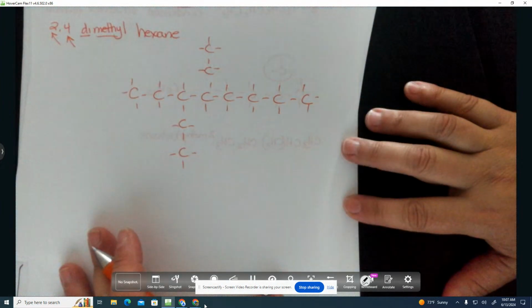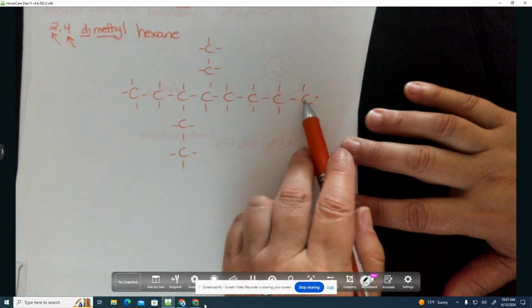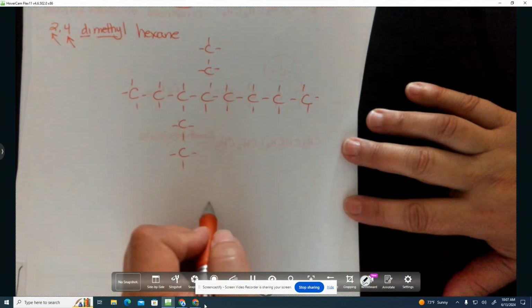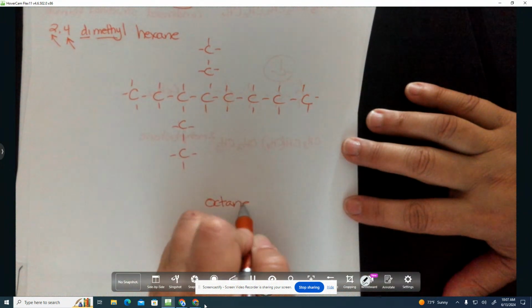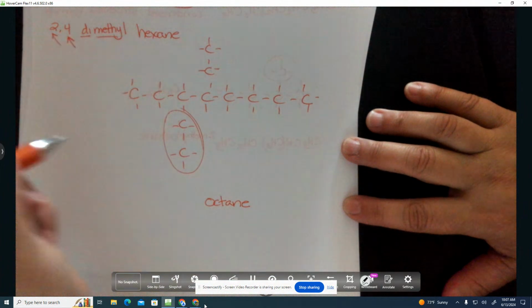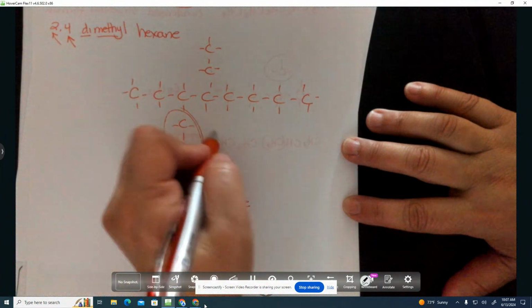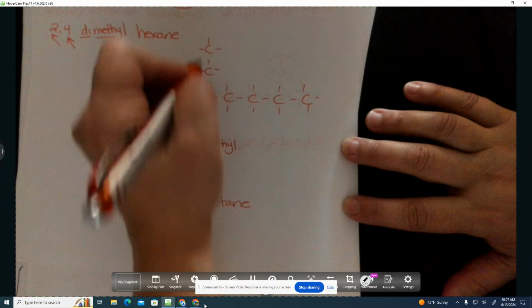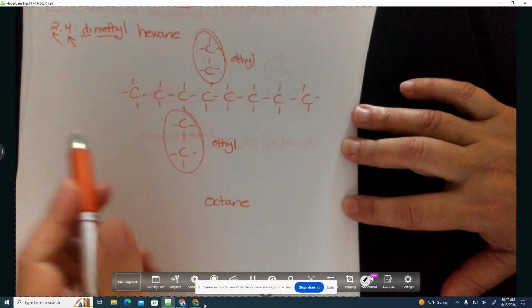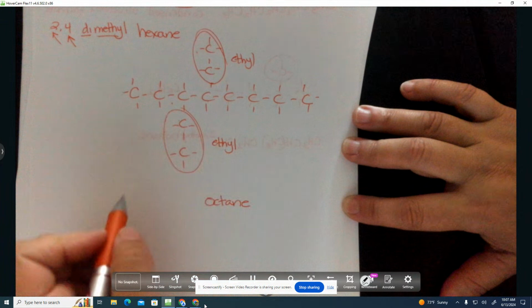So there's 3, 4, there's 8. Octane. Here's the baby. It's not methyl anymore. What's that baby's name? Ethyl. There's another ethyl up there. 3, 4 diethyl.